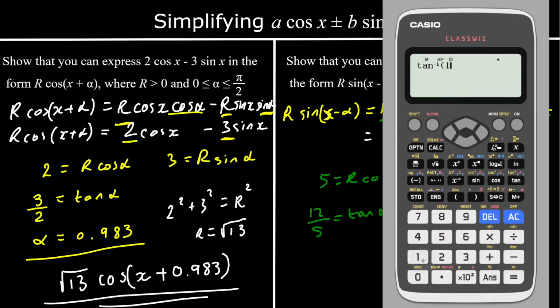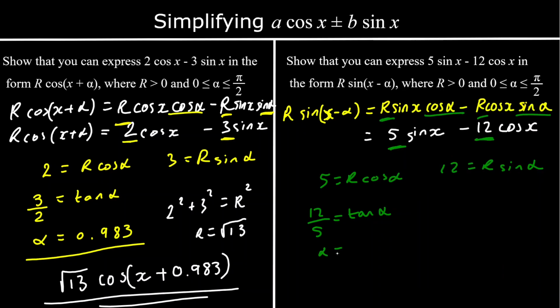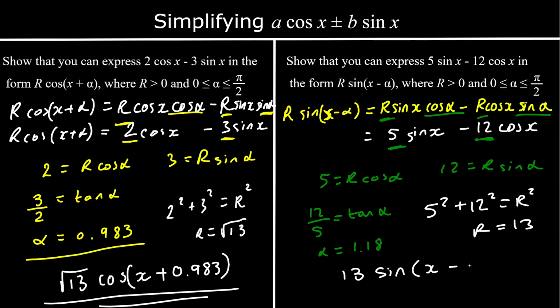Shift tan 12 fifths, 1.18. Pythagoras to find r. 5 squared plus 12 squared equals r squared. R is 13. So we have 13 sine x minus 1.18.